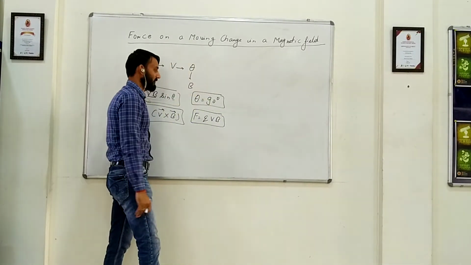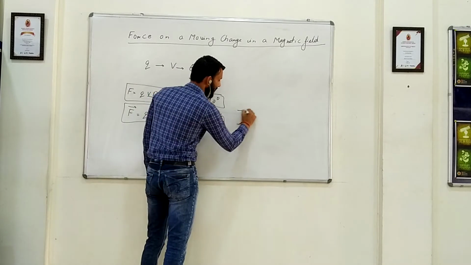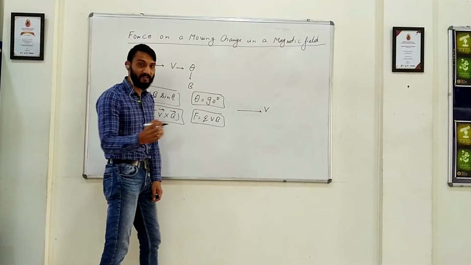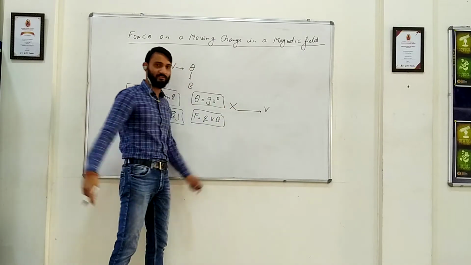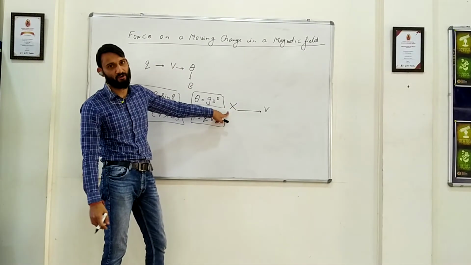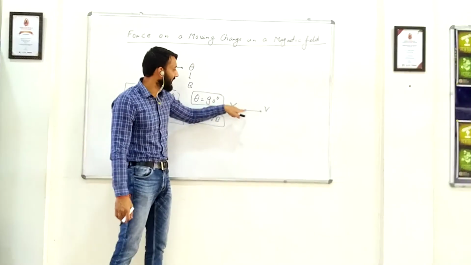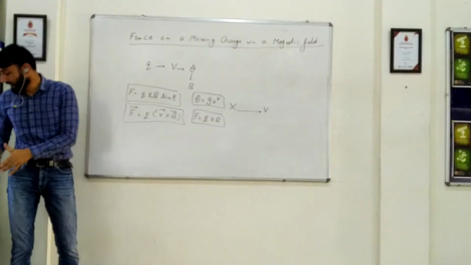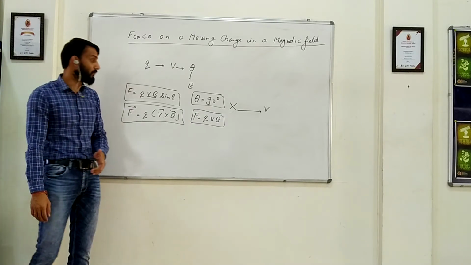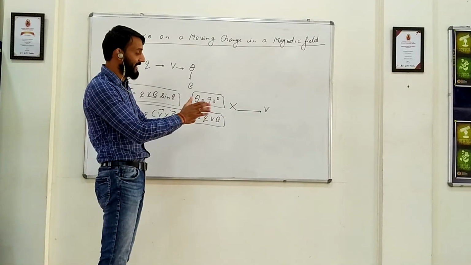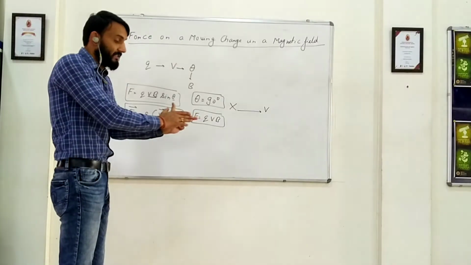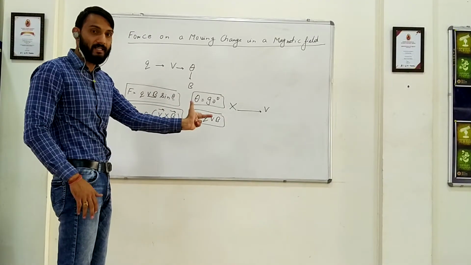Suppose I take velocity in that direction, and the magnetic field is cross. You all know by now what we mean by cross magnetic field. So cross magnetic field is there and this is there. Let us see, applying Fleming's left hand rule, where will be the direction of force. So this is velocity, in that direction, right?